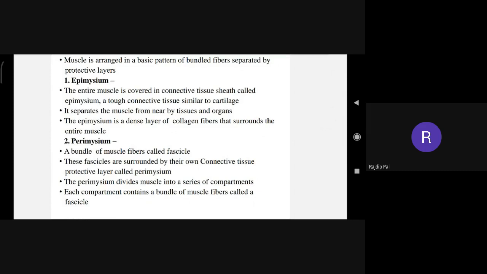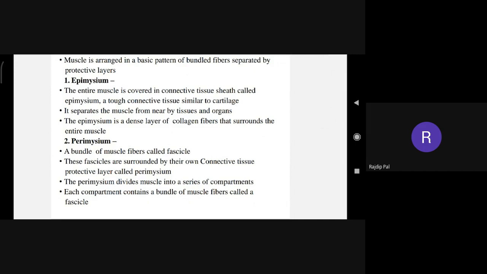Like in the last class we have also discussed about the intervertebral disc. So those intervertebral disc, annulus fibrosus, or nucleus, sorry, that center part of intervertebral disc.